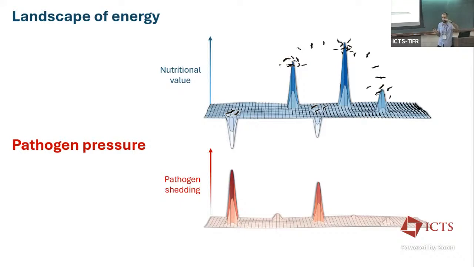You maybe have less food available because some trees are not fruiting or the nectar is not producing. And then you also have to maybe fly longer distances to find all the food that you need to get.